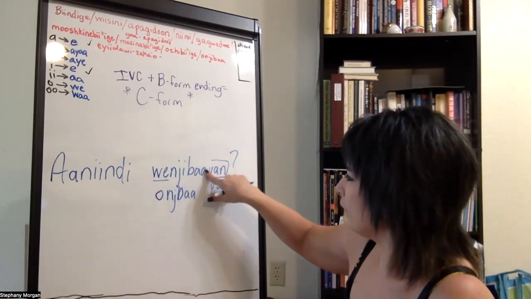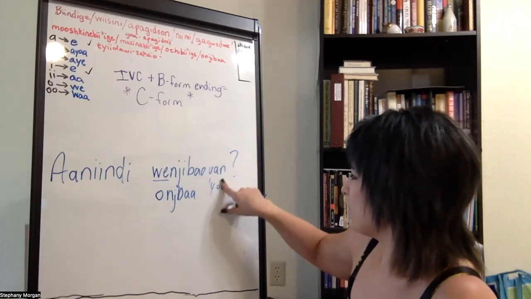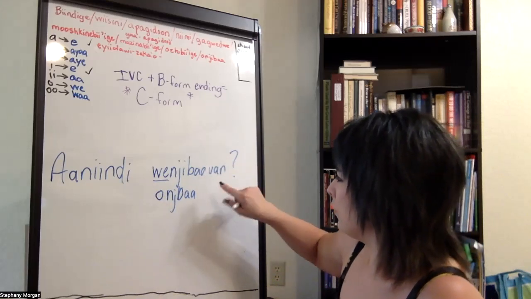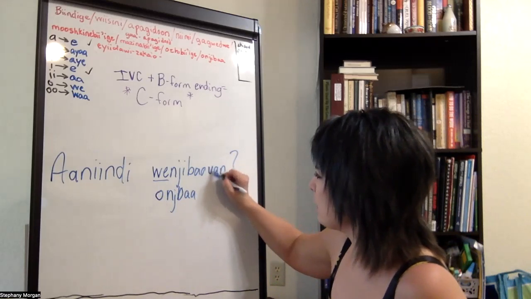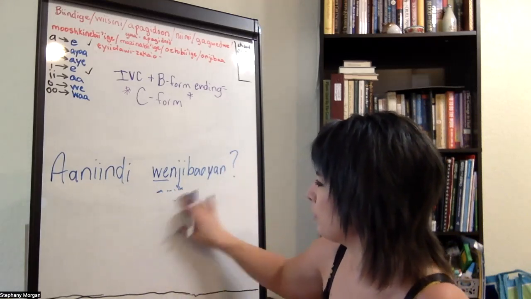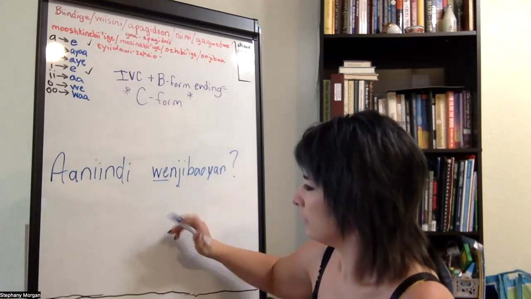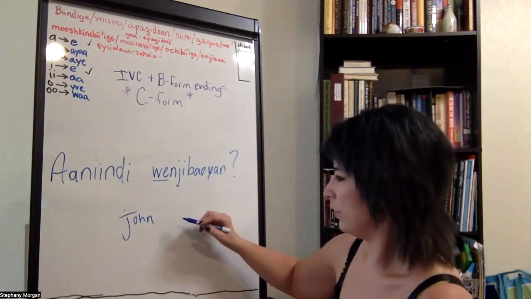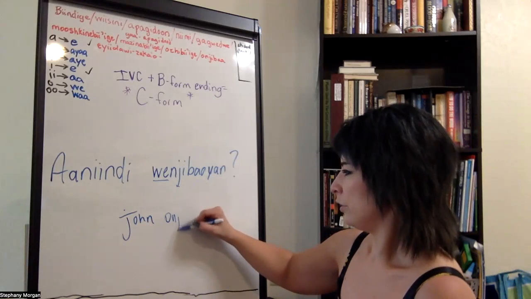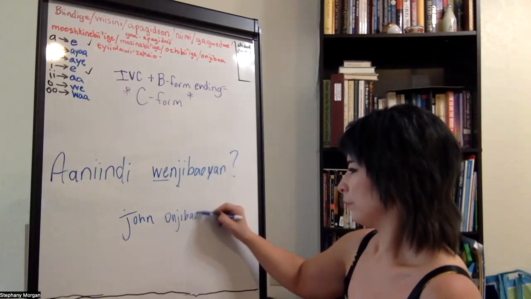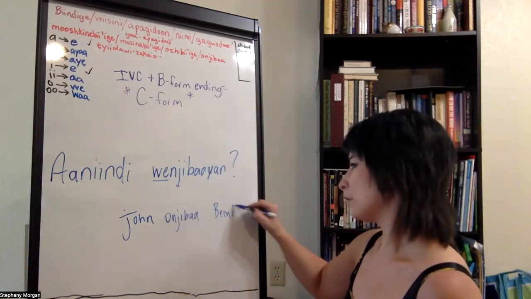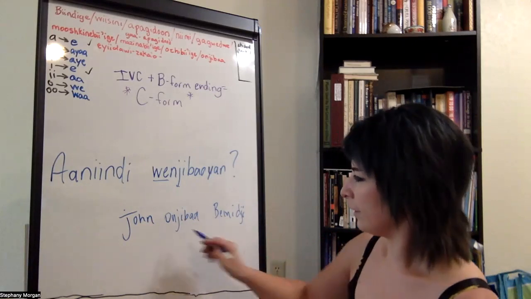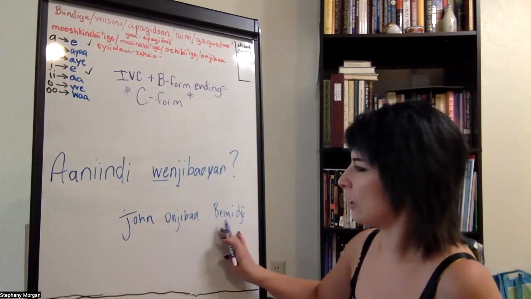what this does is instead of emphasizing the person, like John Onjaba Bimiji. This sentence, John Onjaba Bimiji, says John is from Bemidji.